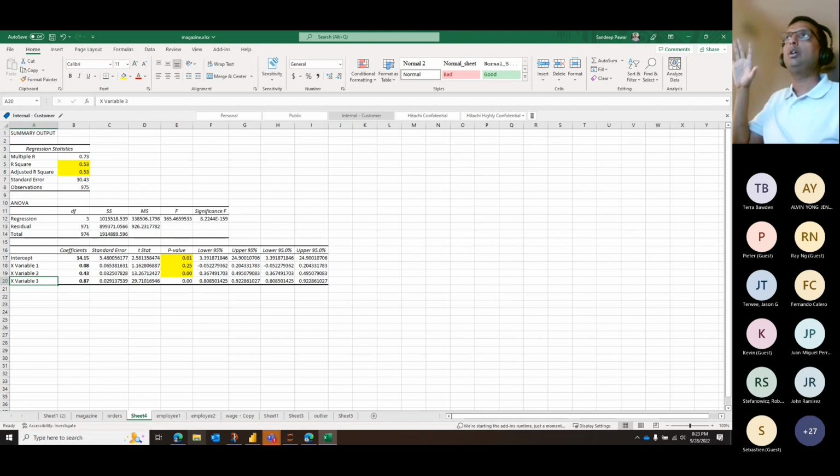Another implication of this linear assumption is that in linear regression and logistic regression, the assumption is that your x1 variable and x2 variable, or all the variables, are independent of each other. There is no correlation between the two.